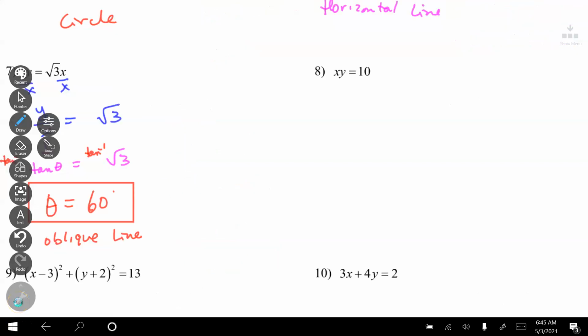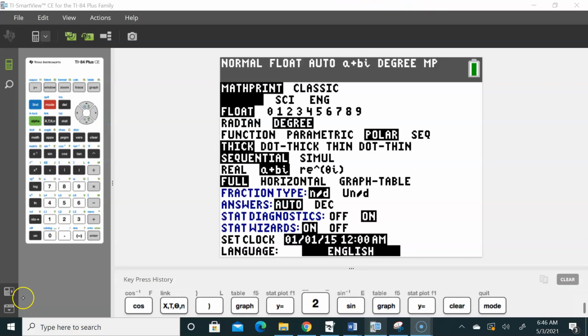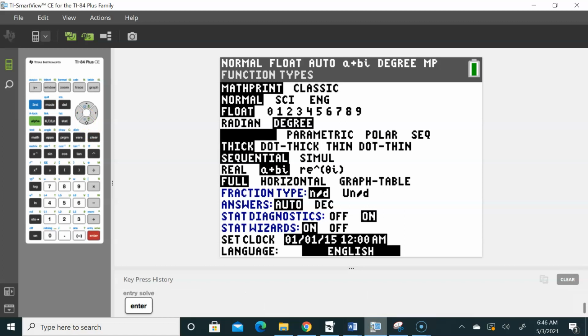So this one's a little bit different. We have x times y equals 10. Well, if I rewrite this, I could say y equals 10 divided by x. And what does that look like as a graph? Well, the first thing I have to do is change it back to function mode, because I'm going to use y equals 10 over x.